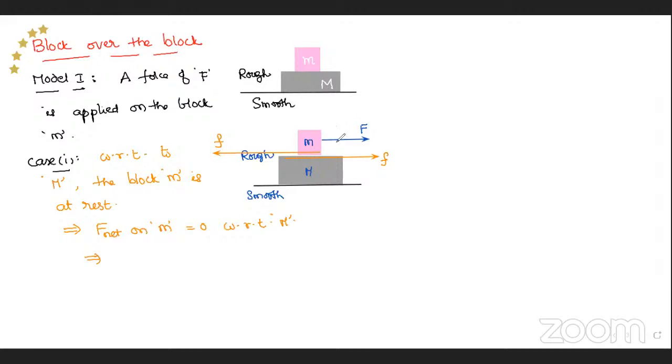That implies in the free body diagram I am seeing two forces, right and left. That implies f, and another one in the opposite direction, minus f, is equal to 0. That implies f is equal to f. Is it correct?